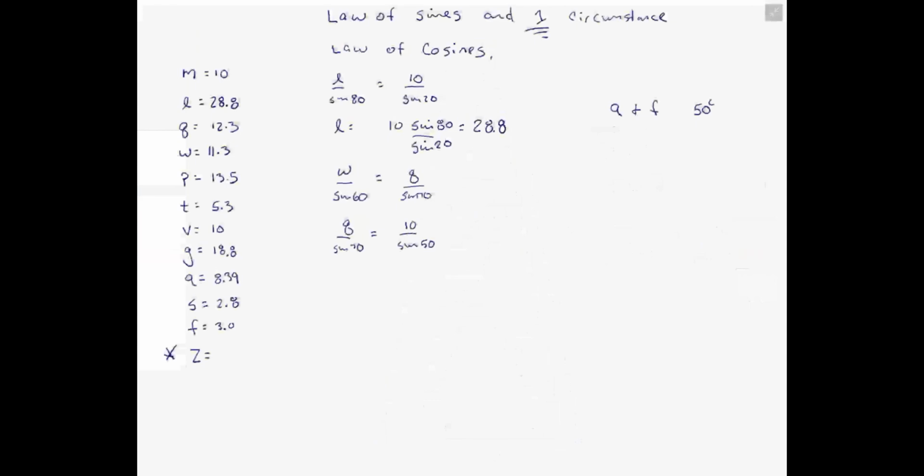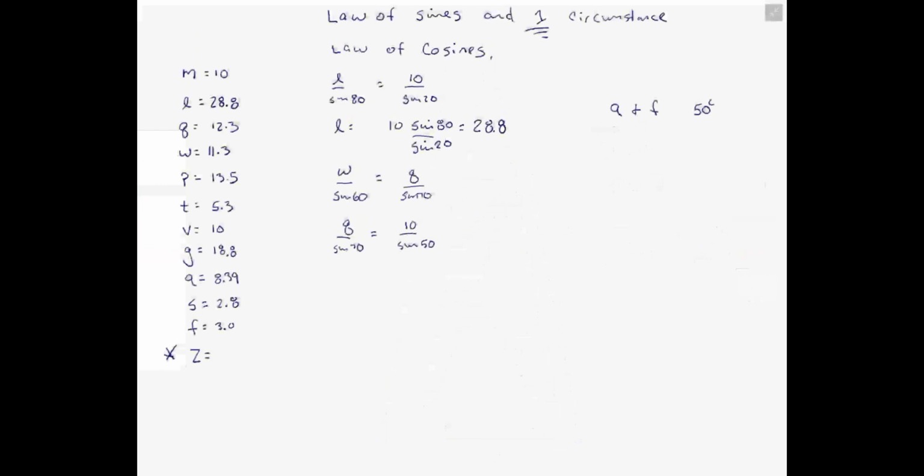Well, we used the law of cosines to find Z, which is Z squared equals F squared plus A squared minus 2AF cosine 50 degrees.